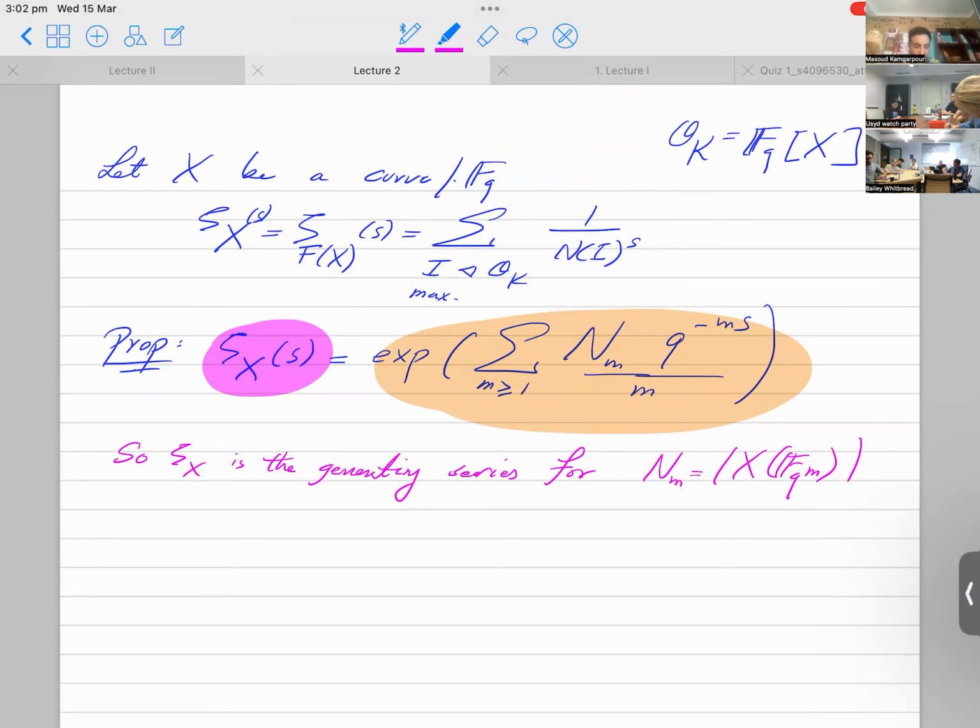I could have imagined writing the most natural generating series, which would simply be N_m q to the minus ms. But that would not be equal to the zeta function defined via the Dedekind route, in analogy with the Riemann zeta function. If you define it that way, you lose the analogy with the Riemann zeta function.